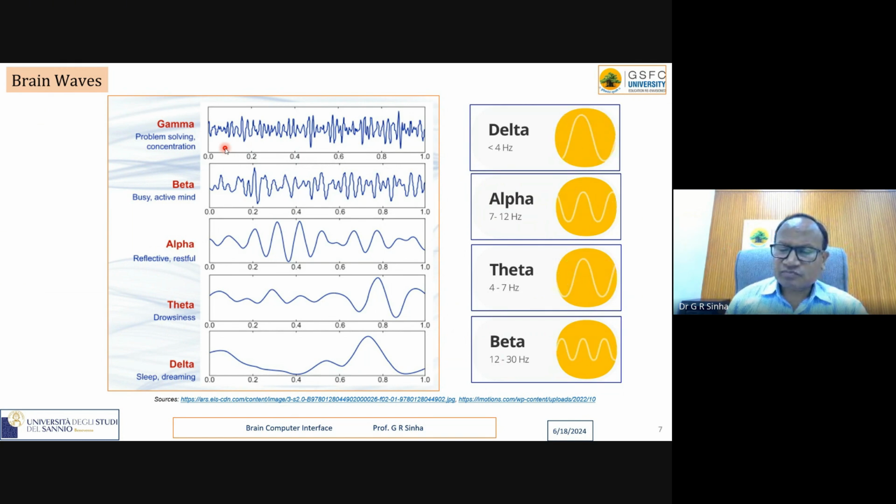And this is the basis of acquiring the signal, understanding the signal, interpreting the signal, and classifying the signal. The last term is very interesting, classifying the signal. How do you classify different signals?